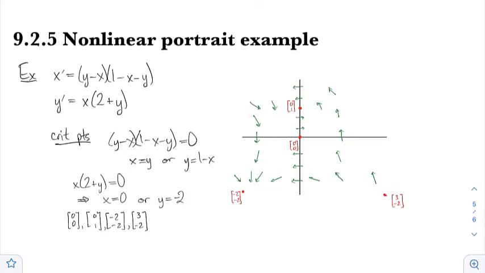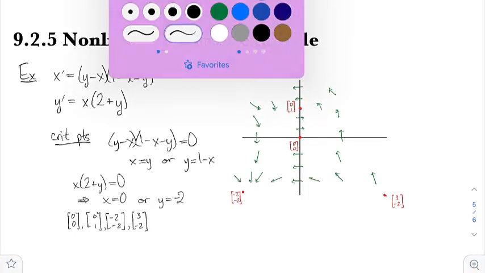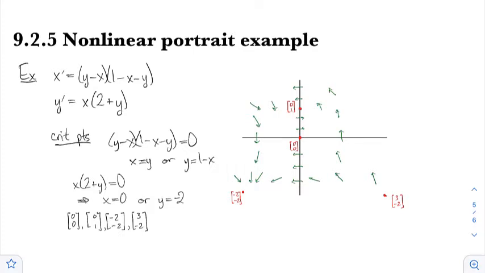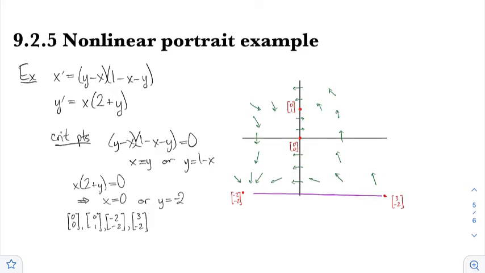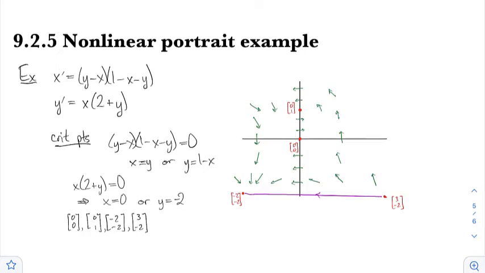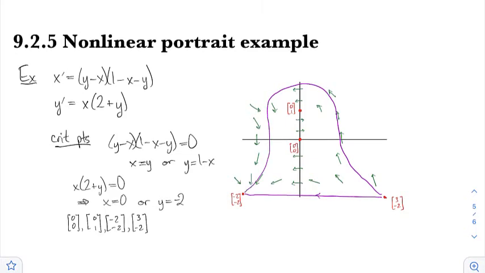Now putting this together, let's see if I can draw some of this here. So we actually have a curve coming across the bottom, and we also have something that goes, let me see if I can figure out how to draw this, up and over and around and down.